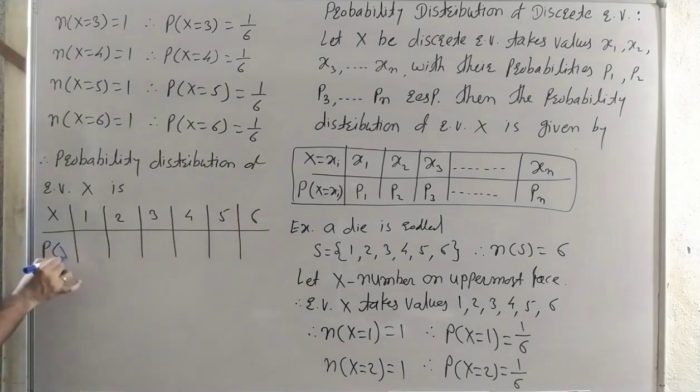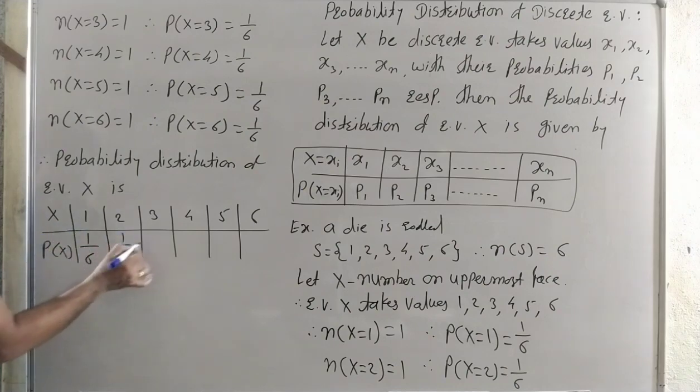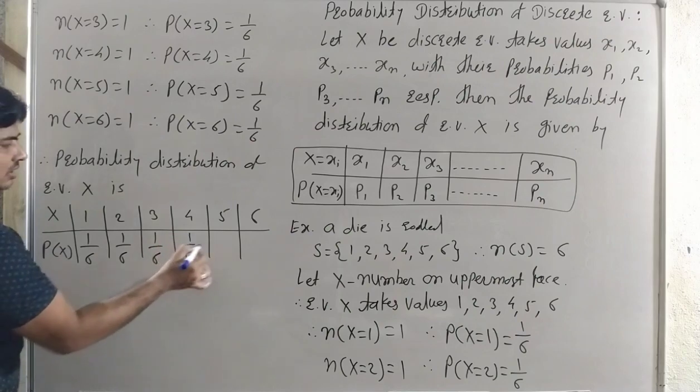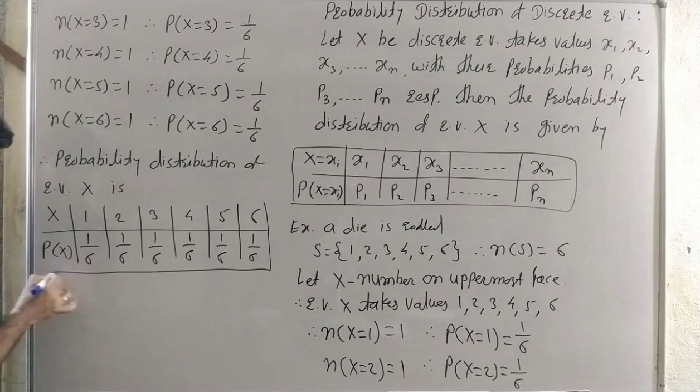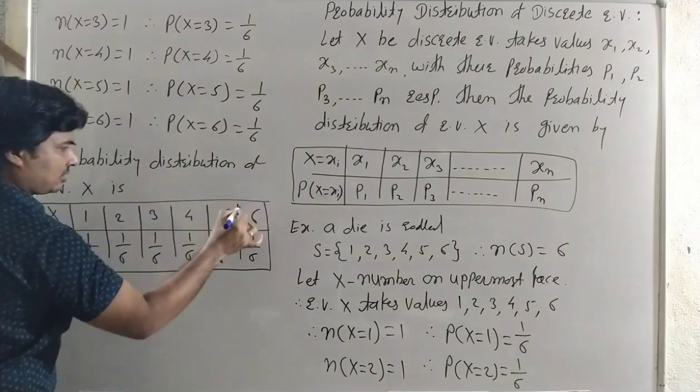And the probability of each is 1 by 6. Here it is the probability distribution of a random variable x.